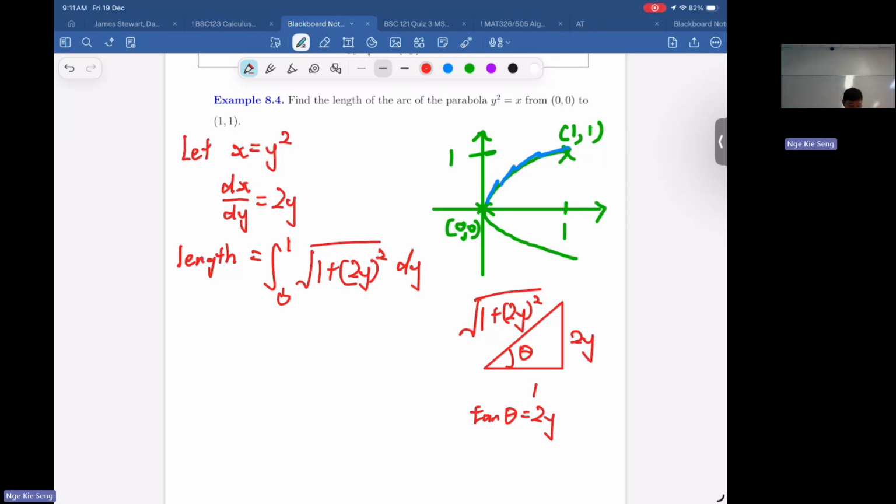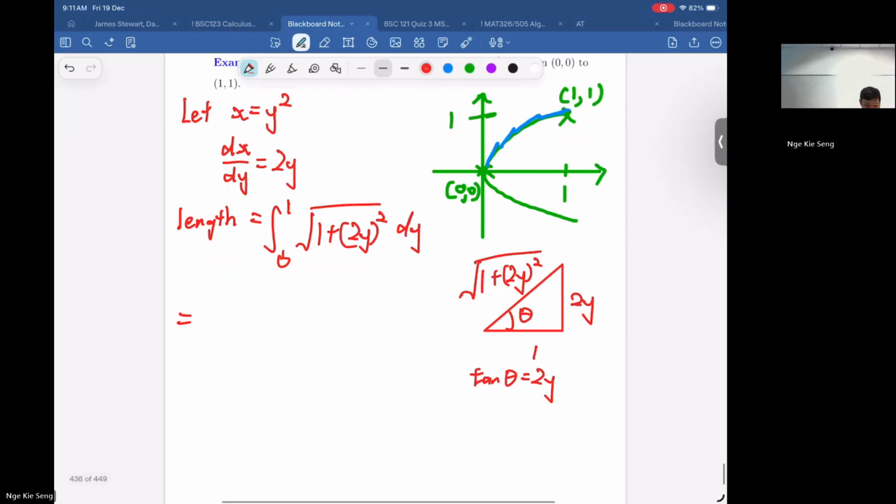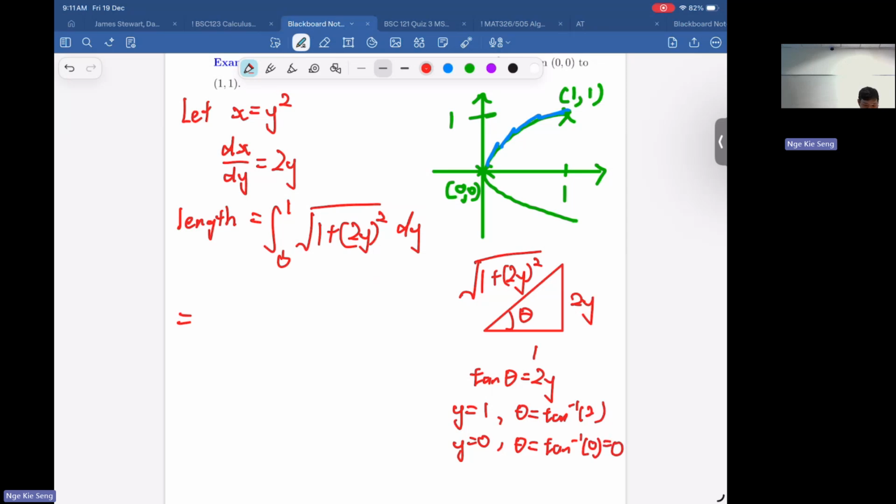So how is this integration done again? When y equals 1 and y equals 0, what do you get? Tangent inverse 2, and when y equals 0, theta equals tangent inverse 0, which is 0.